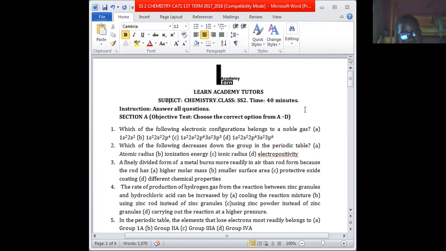All right, the next one is number 4. The rate of production of hydrogen gas from the reaction between zinc granules and hydrochloric acid can be increased by what? C. Can be increased by using zinc powder instead of zinc granules. Correct. Number 5.